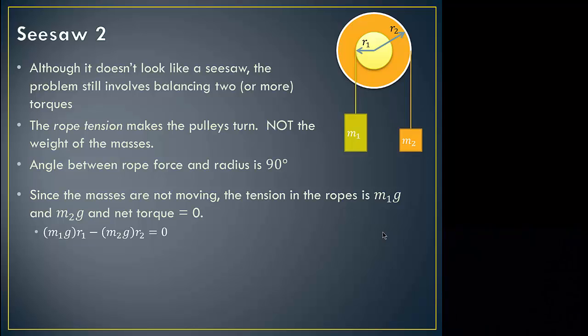M1 would try to make the system rotate counterclockwise, positive, and M2 would try to make it rotate clockwise. The angle is 90 degrees because the rope is effectively always tangential to your pulley, and sine of 90 is just 1.